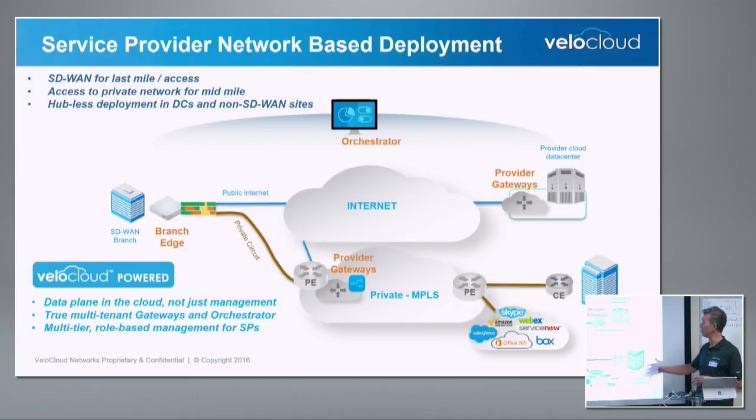So two different cases. If you have a provider hosting applications and services in a data center, you can put the gateways directly into that data center. A good example is we have a bunch of providers providing unified communications as a service, so the branch edges connect directly to gateways co-resident with their hosted applications. The other case, for the large tier 1 carriers, is that the gateways are deployed at their network POPs.